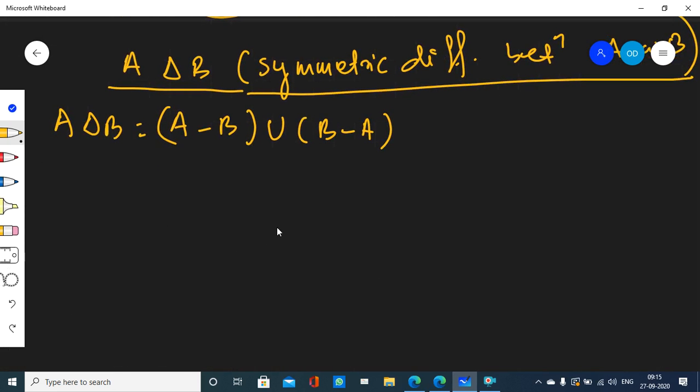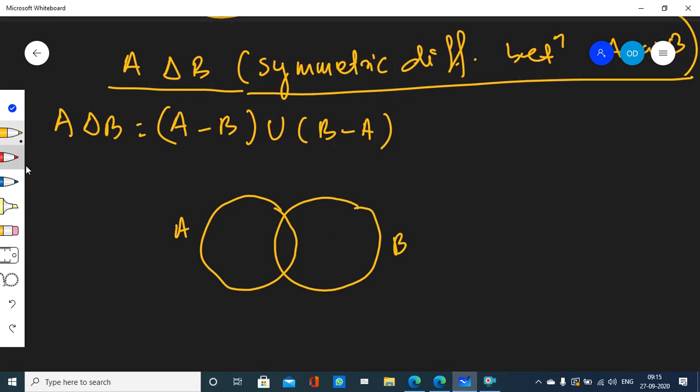So let's draw the Venn diagram. You see, this is set A and this is set B. We know that this is A minus B, this is B minus A. So combine all these sets, combine all these elements of A minus B and B minus A, okay, and you will get what? A delta B, right? So this is A minus B union B minus A.